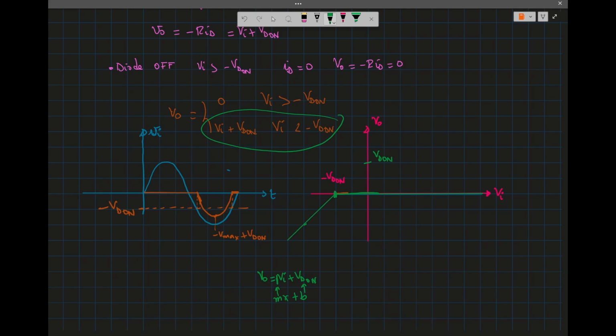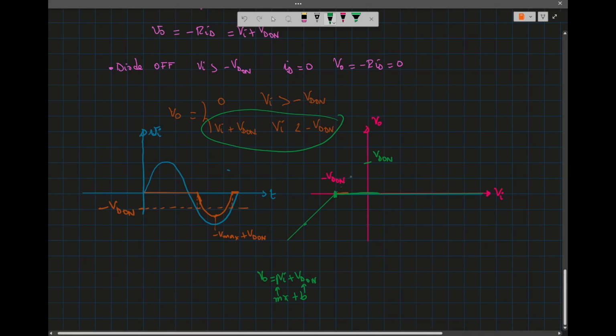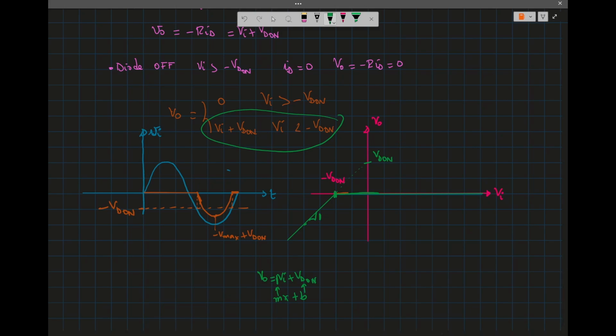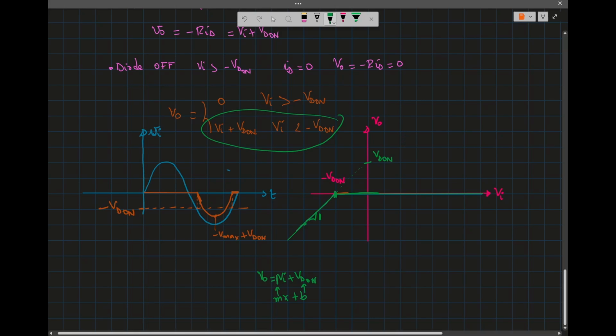Okay. So if I prolong, that's how it's going to look. So the output voltage plotted as a function of the input voltage looks like this. Okay, so that is the transfer characteristic.